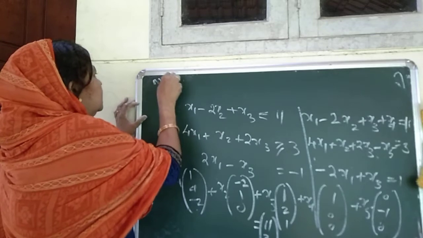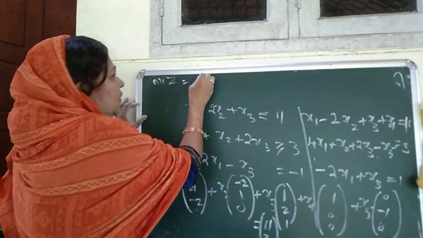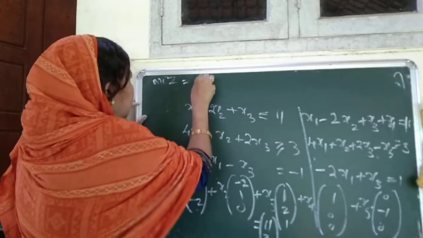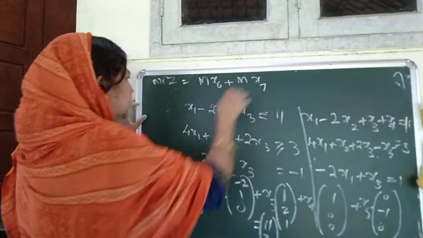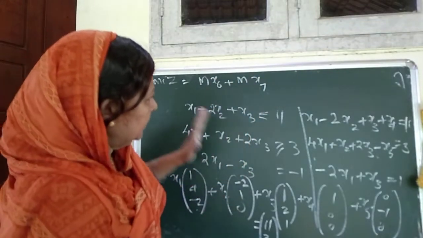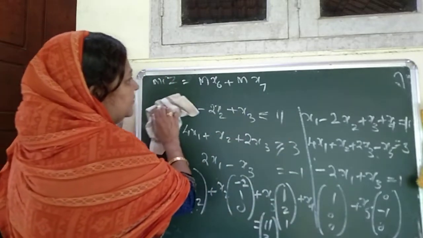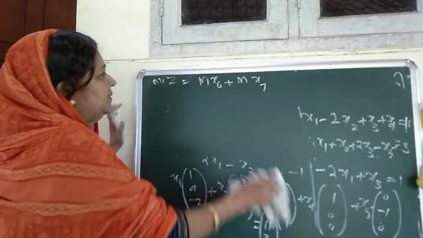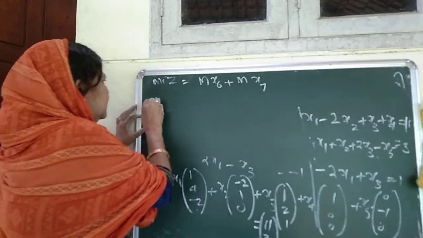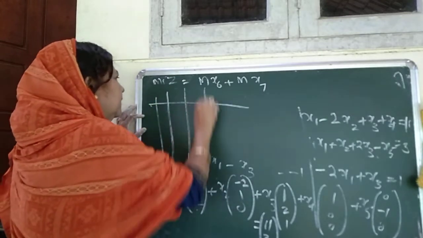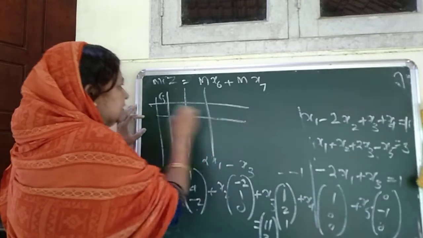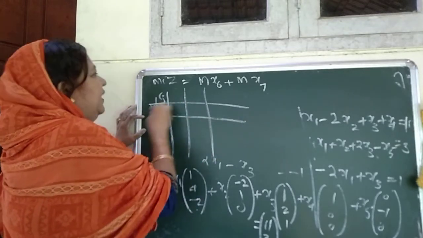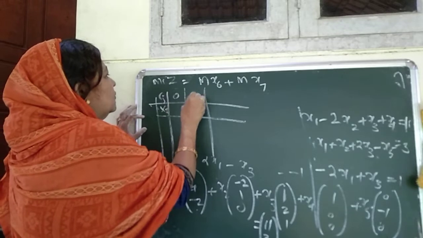minimize z equal to only M into x6 plus M into x7, subject to this. So we can start the first table. First table, just as the previous case, here Cj, here Xb, and here the prices are 0, 0, 0.